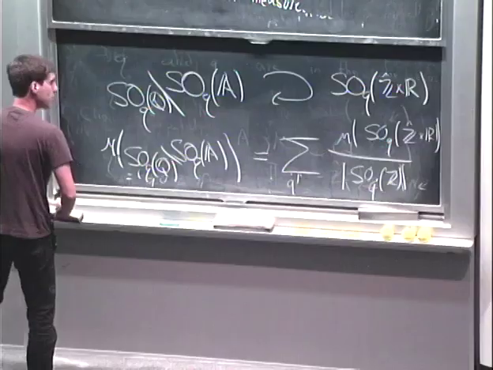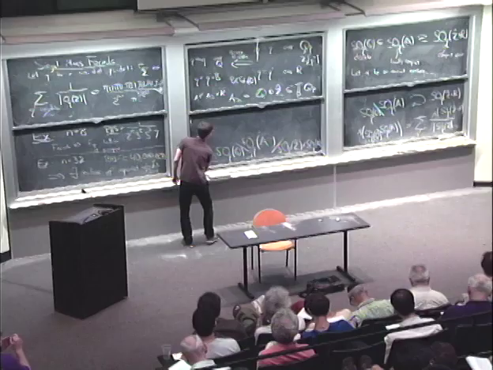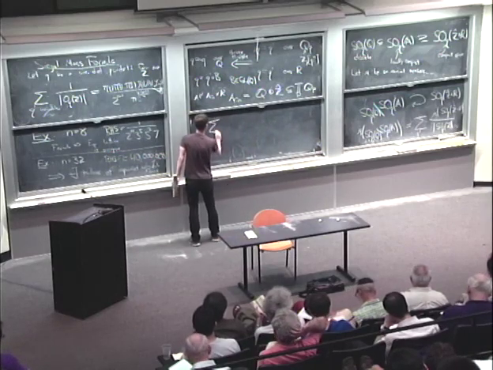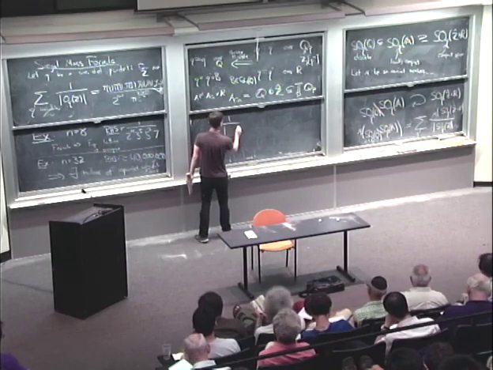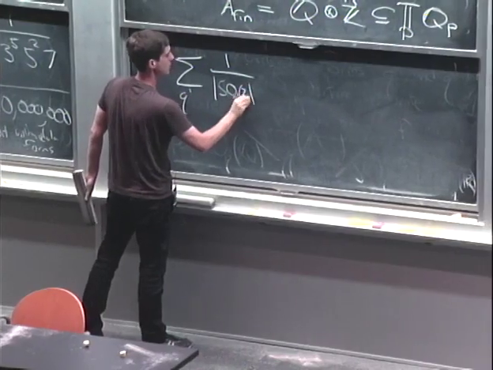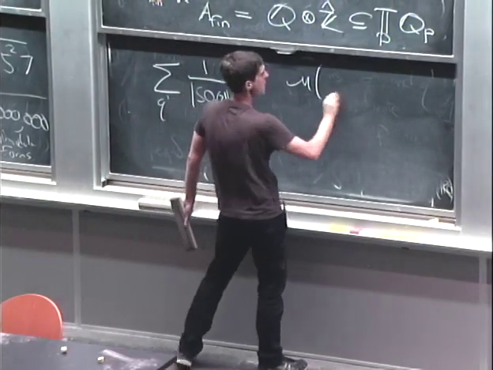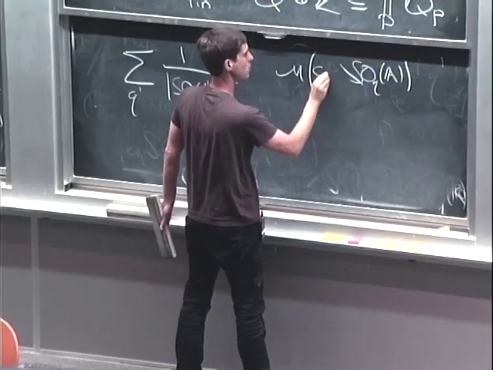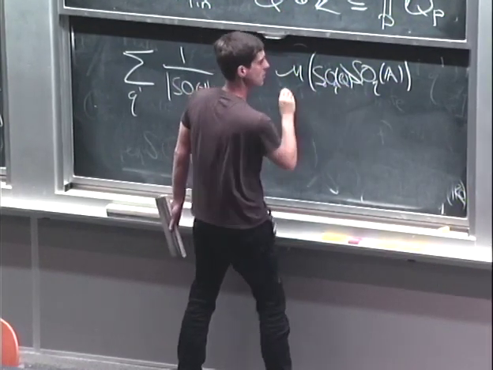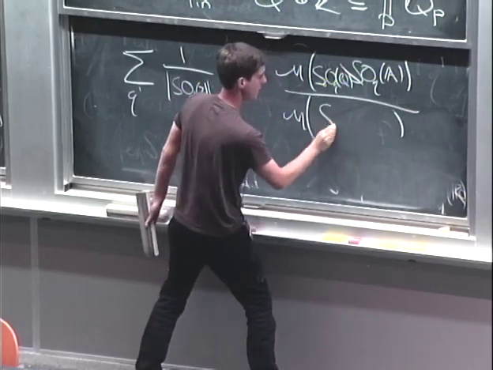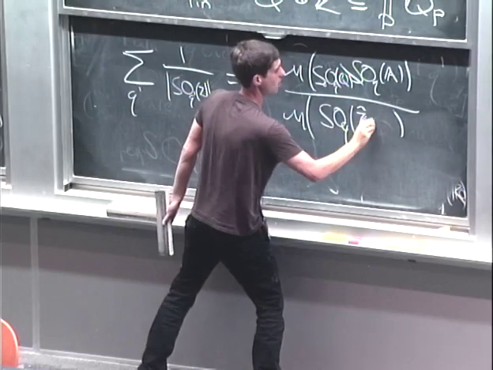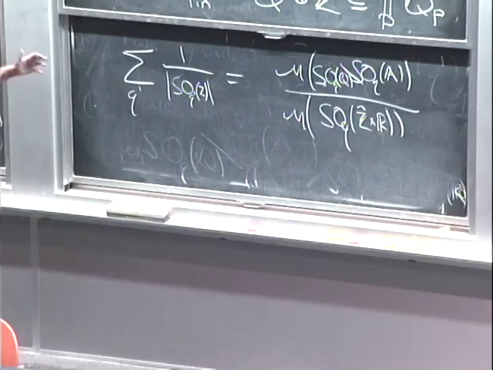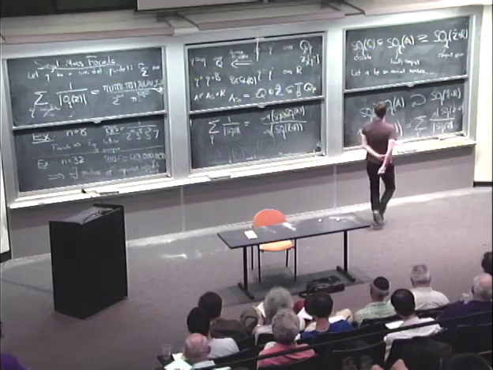All right, so we could rewrite that. If we take the sum over Q prime of 1 over the size of SO_Q prime of Z, what we're saying is that this is the measure of SO_Q of the adeles modulo SO_Q of Q, divided by the measure of SO_Q of Z hat cross R. Everything that I've said is good for any invariant measure that we choose.